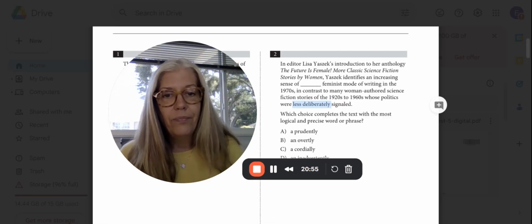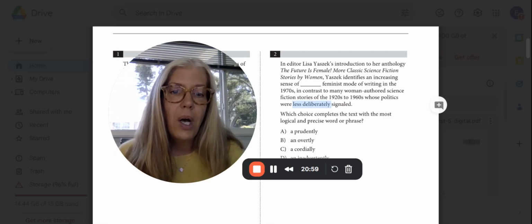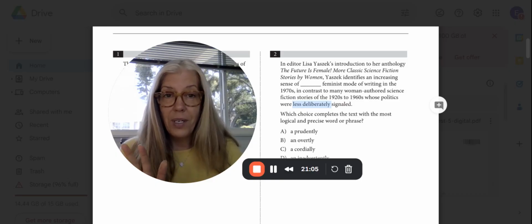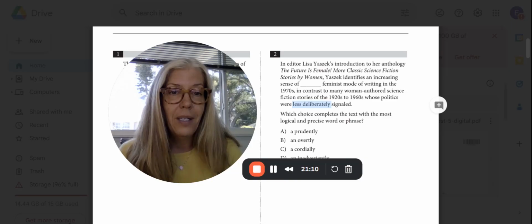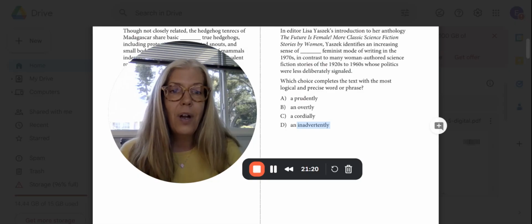Cordially. Again, if you don't know what that word is, you have to get rid of that suffix, the ly, and we're down to cordial. If you know what that word means and you know it doesn't fit, you could get rid of it. But if you don't know what it means, you can't get rid of it. And then lastly, the word inadvertently. As I'm reading that, I see a prefix, the in, and a suffix, ly.